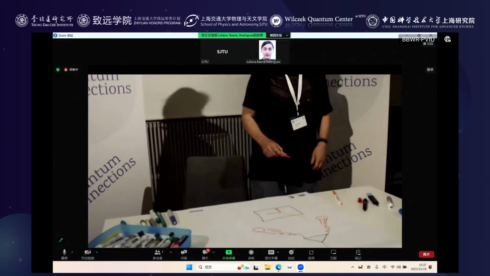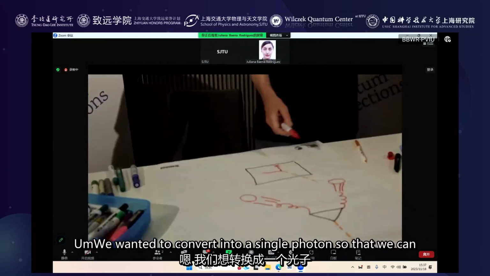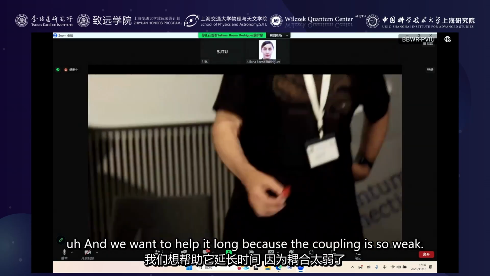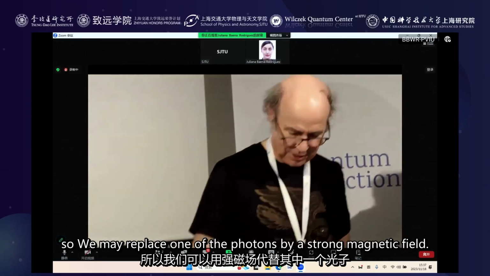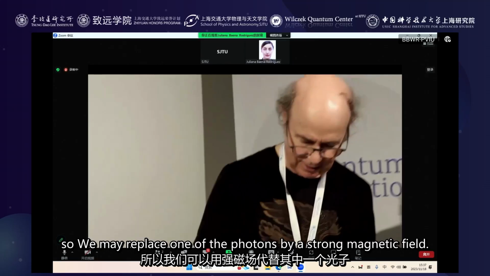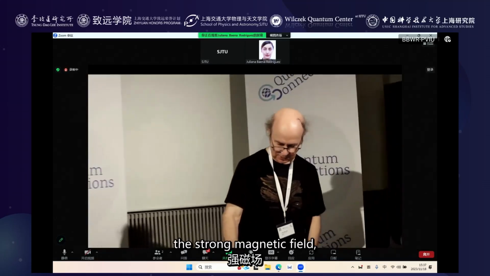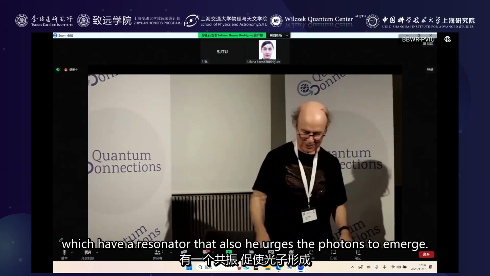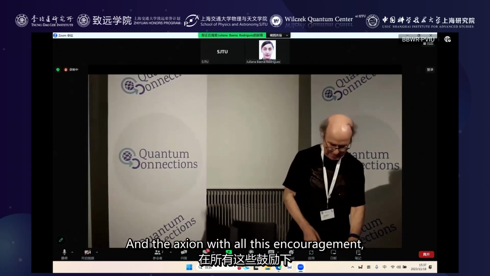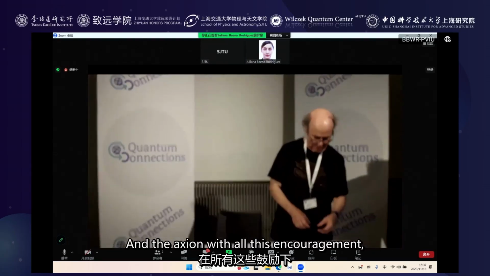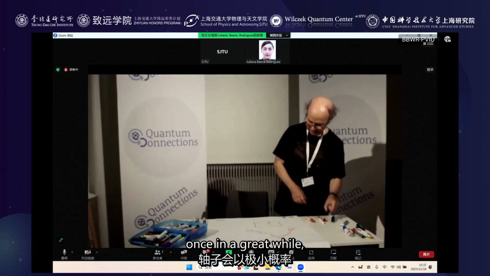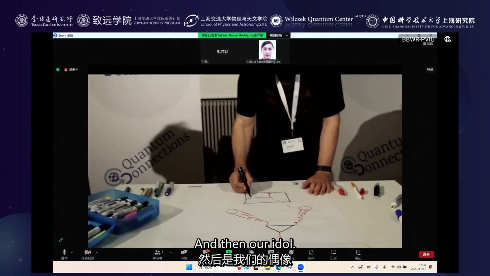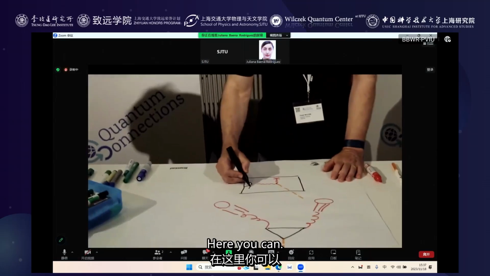We want to convert it into a single photon so that we can observe it, and we want to help it along because the coupling is so weak. So we replace one of the photons by a strong magnetic field, and in the strong magnetic field we have a resonator that also encourages the photons to emerge, and the axion, with all this encouragement, once in a great while turns into a photon, and then our eyeball here can observe it.